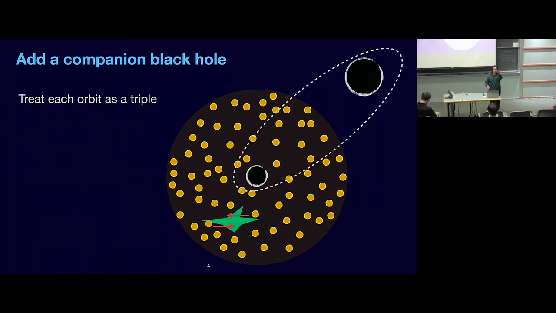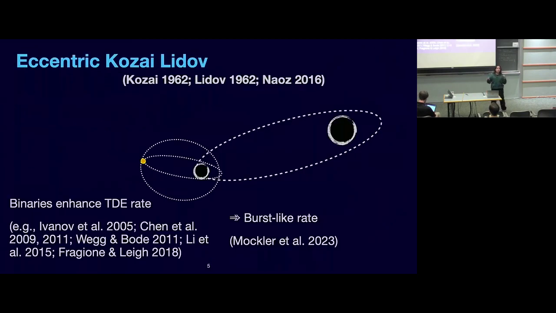And Grant gave us a beautiful introduction of the eccentric Kozai-Lidov mechanism, which is another mechanism that people have studied in looking at tidal disruption events. And this just basically tells us that when you introduce a tertiary, the inner binary exchanges angular momentum with the outer binary. And this also shows that there's an enhanced TDE rate, theoretical TDE rate that has been enhanced.